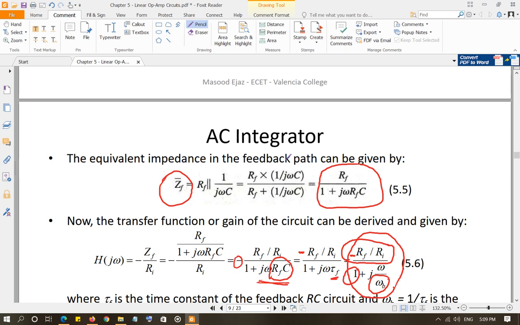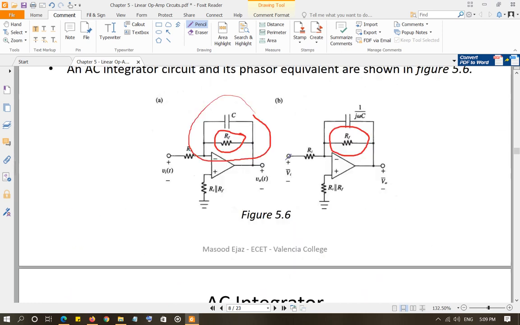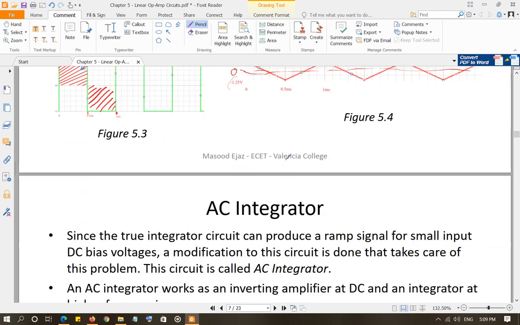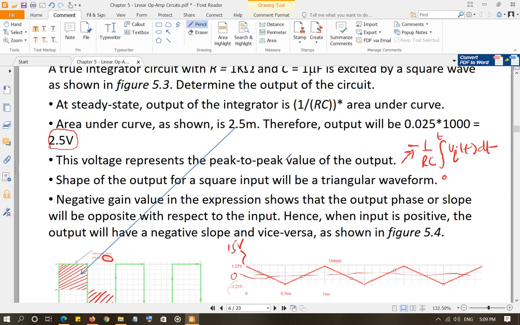The AC component is figured out using what we did in this example right here, because your circuit will be working as a true integrator at frequencies higher than omega B.